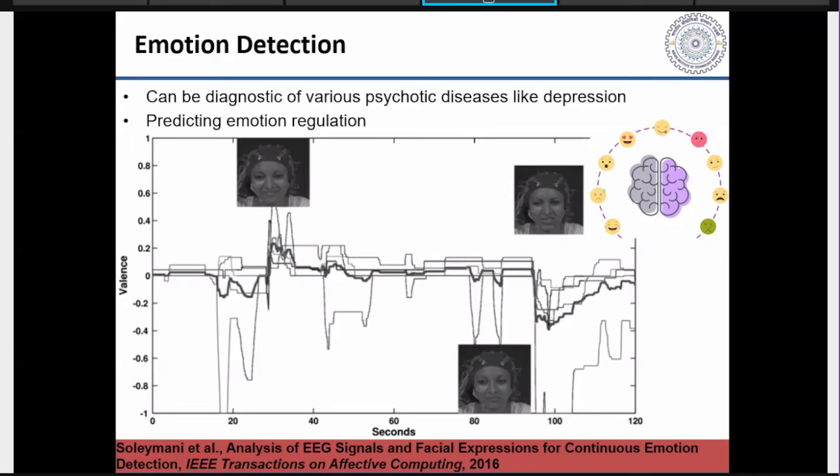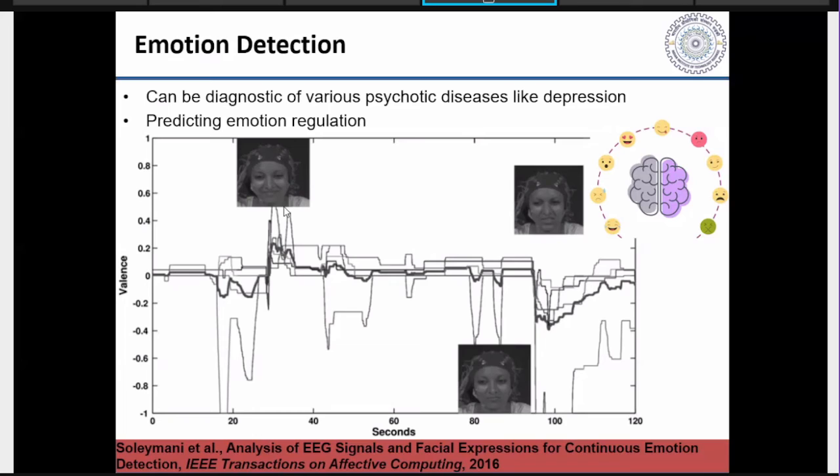There are several papers, like analysis of EEG signals and facial expressions for continuous emotion detection. If someone is showing a happy state or sad state, you collect the signals and it will show at what time he was happy, and you see that the signal is also correlating with his facial expressions.